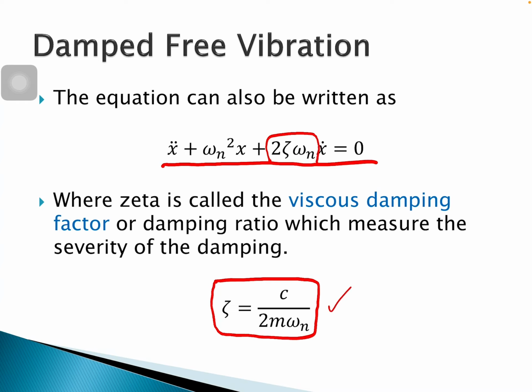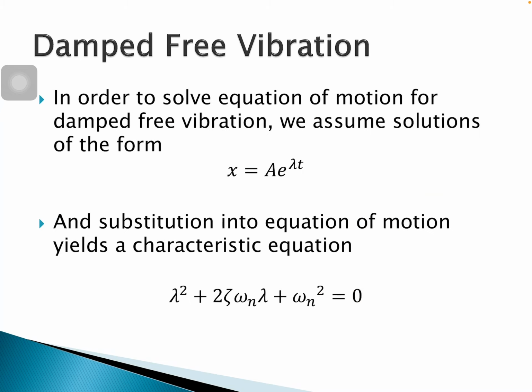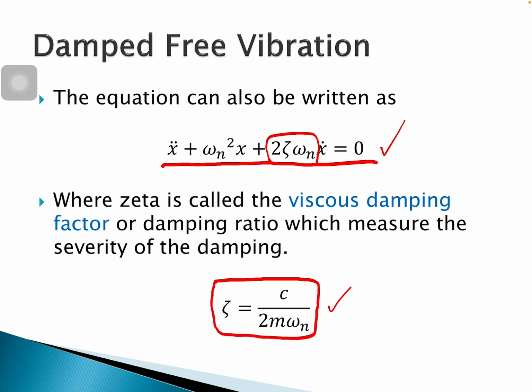You just need to remember that this is the formula for zeta, which is the viscous damping factor, and it measures the severity of damping. Now if we want to solve the equation of motion for damp-free vibration, from this equation we want to find the equation for displacement alone, without the x dot and x double dot.